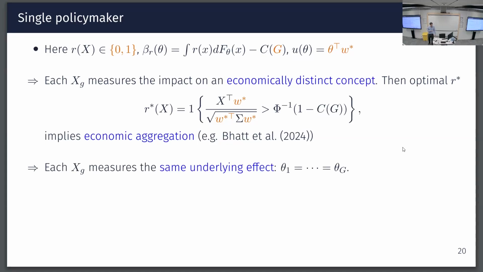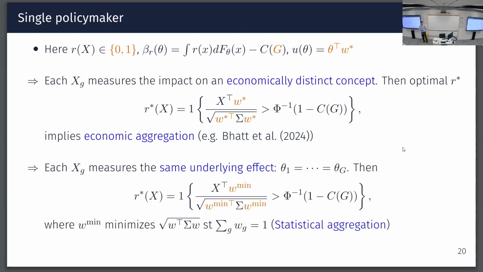Another way to think about this is to say, maybe each outcome is just a noisy measurement of the same underlying objective, so the expected value of each outcome is the same. If that's the case, then you just want to aggregate the outcomes to minimize the variance. This is again a very simple point that we're making, which connects to the idea that you want to do indexing if each outcome is a noisy measurement of the same underlying objective.